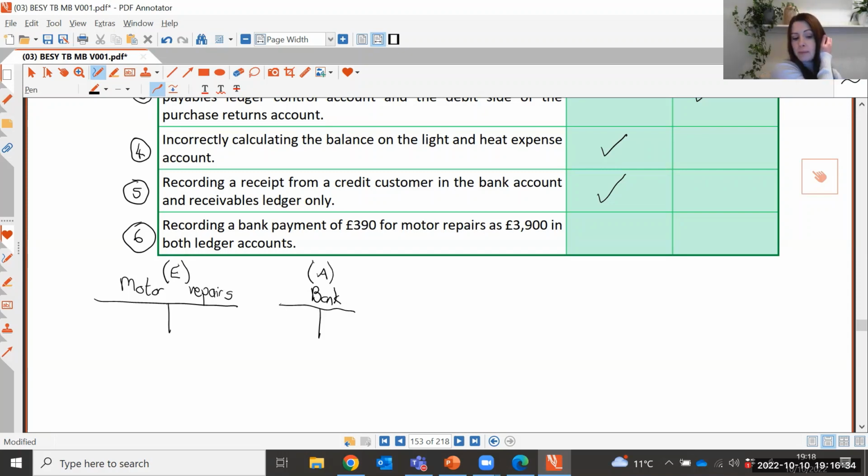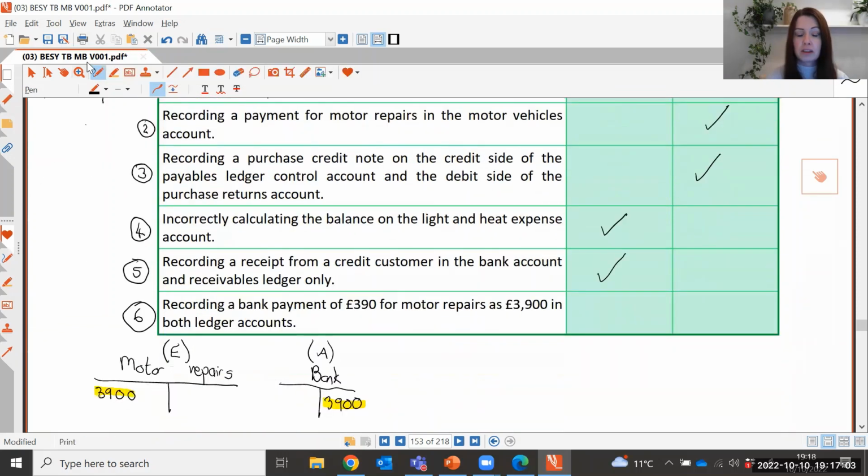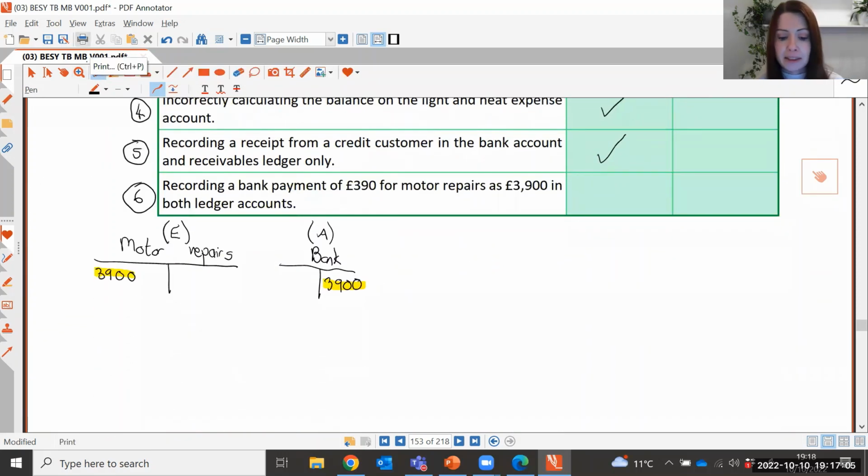Now, the payment should have been for 390, but it's been entered in the accounts as 3,900. So they've debited the motor repairs 3,900, and they've credited the bank account 3,900. So here there's been an equal debit and a credit. So therefore, the accounts are still going to balance. So it's not going to be disclosed by the trial balance.